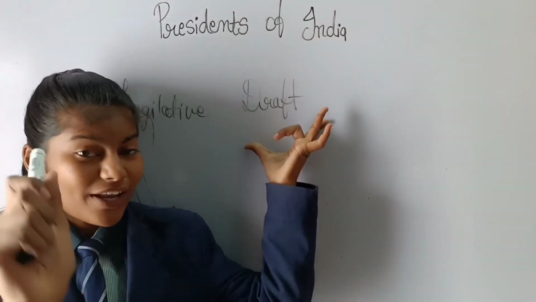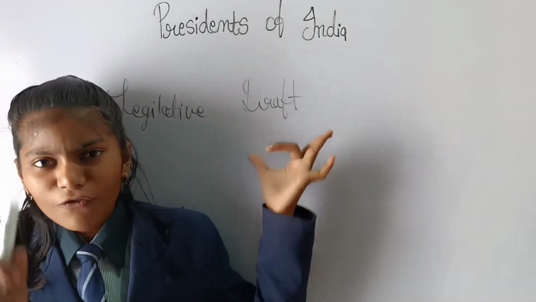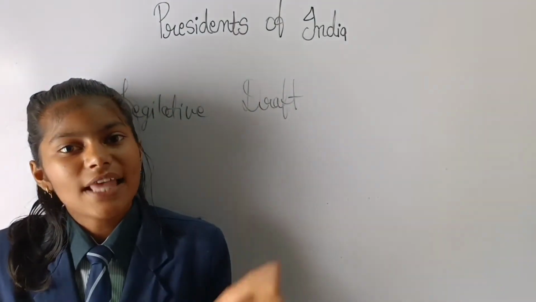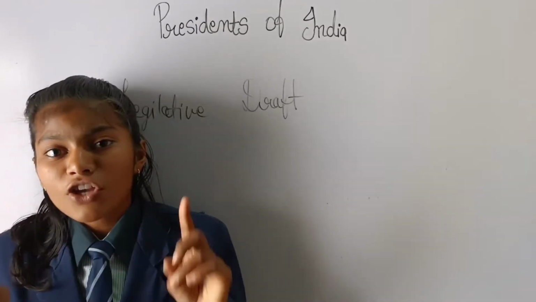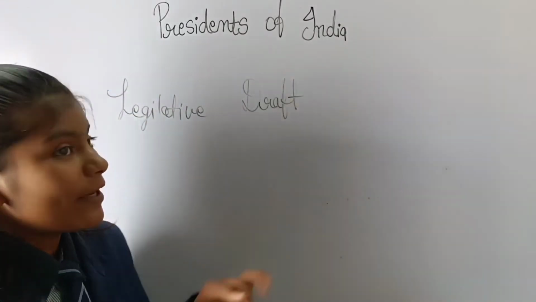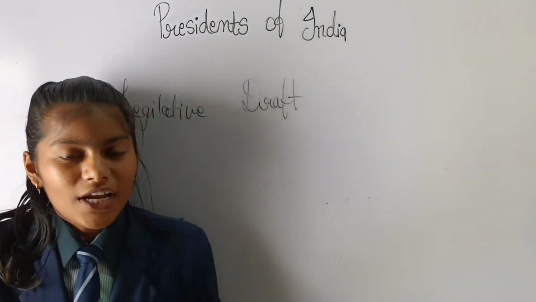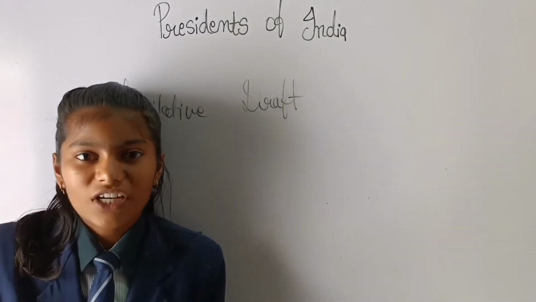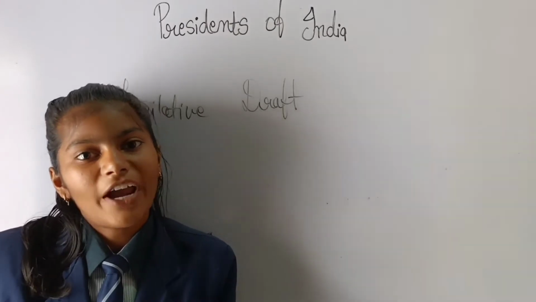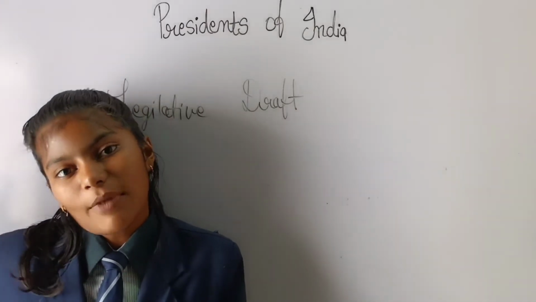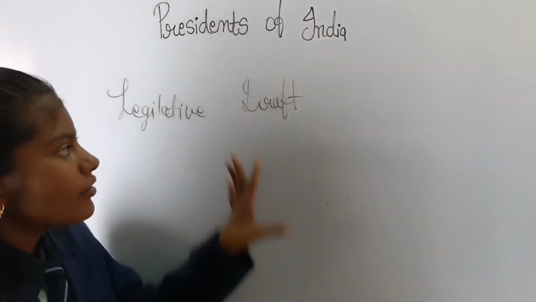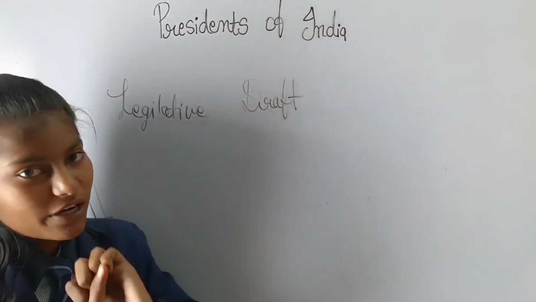As an example, widow remarriage. Let's suppose the Widow Remarriage Act has to be passed. Firstly, there was a draft containing some objectives, that it will allow widows to remarry. It's a right of the widows. So this will become a draft.